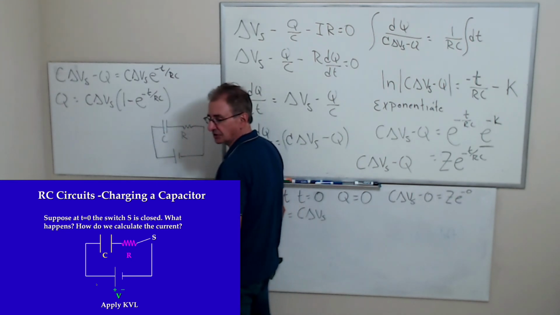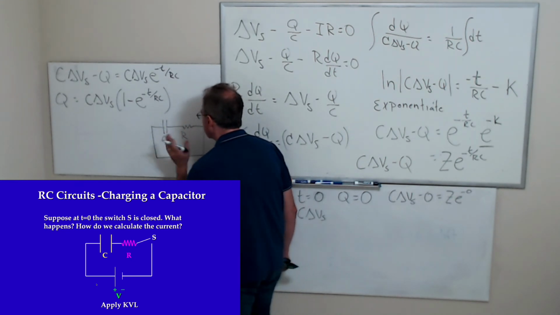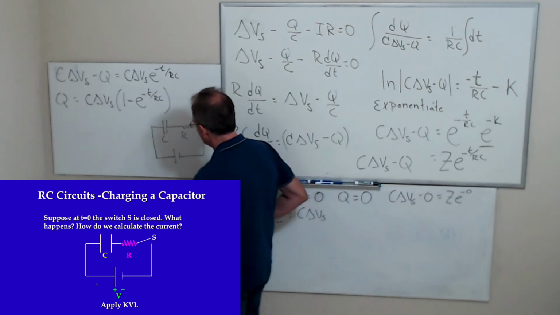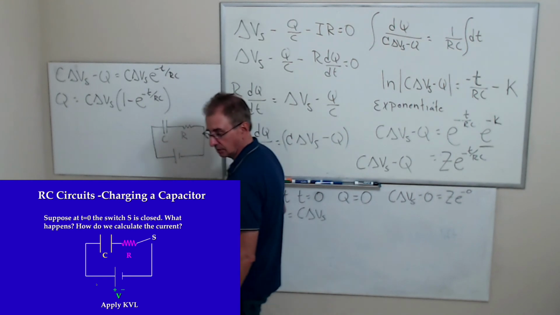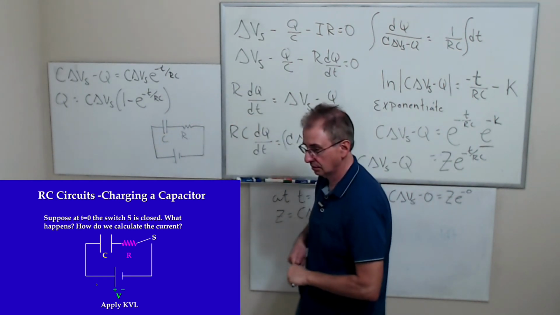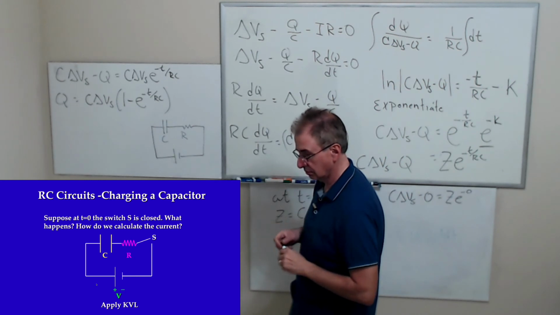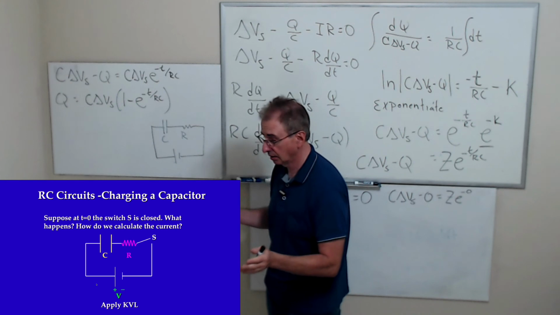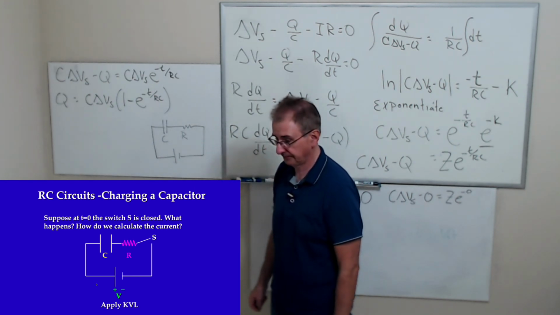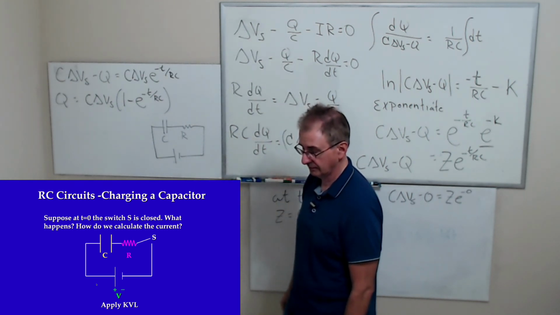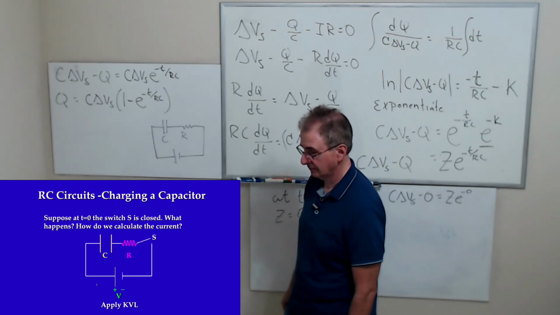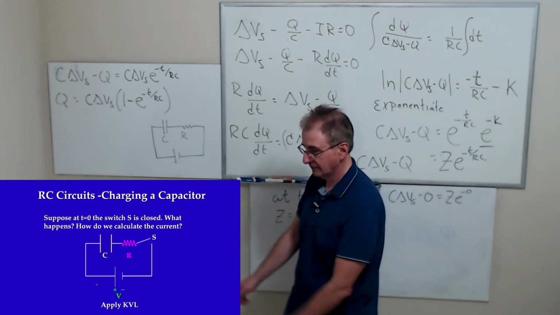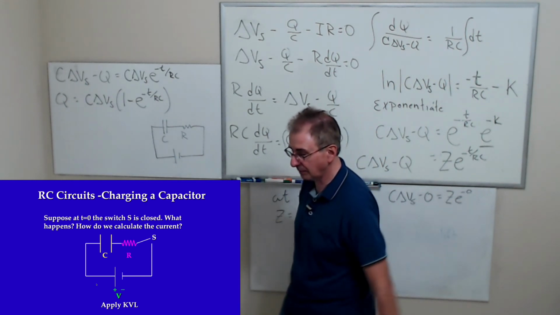The capacitor charges up, right? What happens when the capacitor is fully charged? What's the voltage drop across it? Well, first of all, how much current is going through the circuit when the capacitor is fully charged? What does it mean when the capacitor is fully charged?